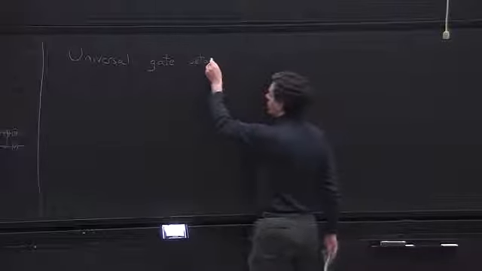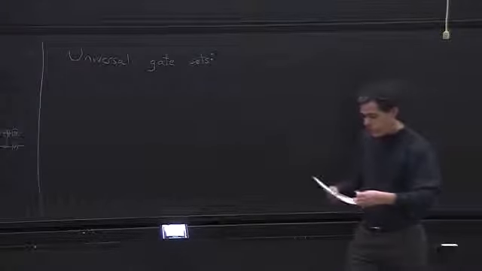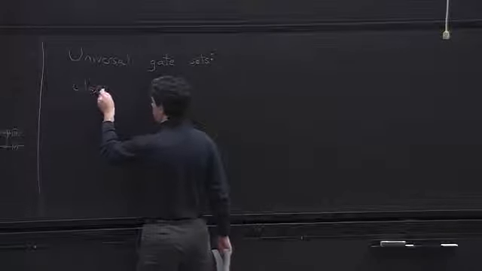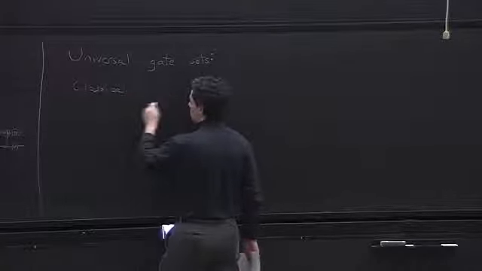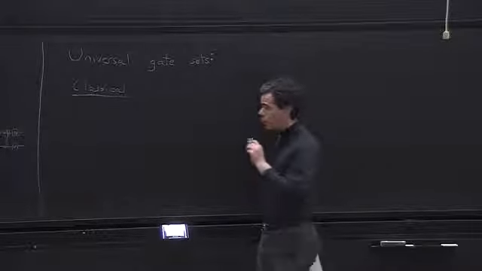So let's start by thinking classically. For universal classical gate sets, what do we want to do? Well, an arbitrary function is what we can calculate.